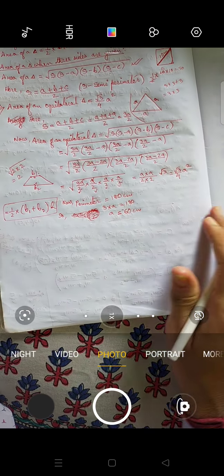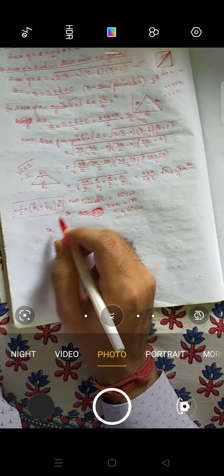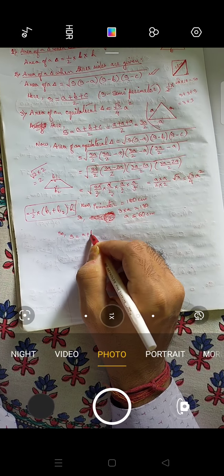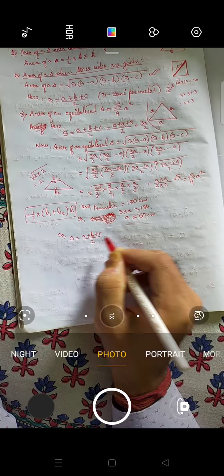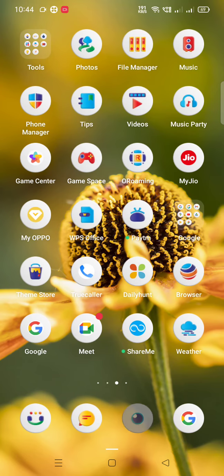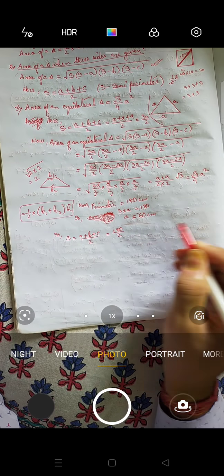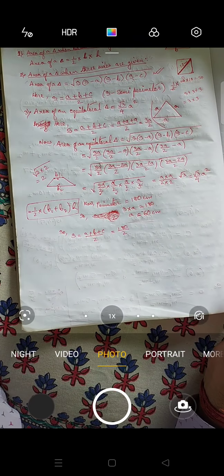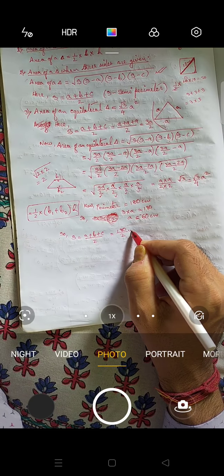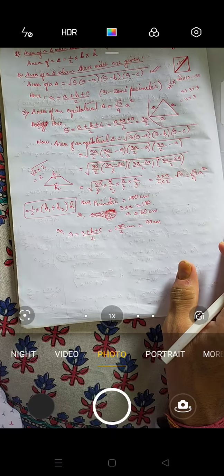Now, can I say that s is equal to a plus b plus c by 2? So a plus b plus c means perimeter. In the question the perimeter was given as 180. So 180 by 2, this can be written as 90 centimeter after cancelling.